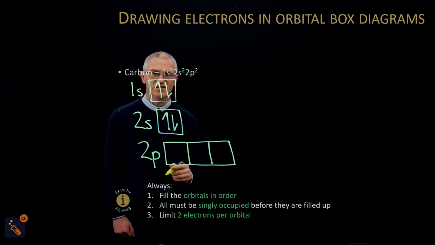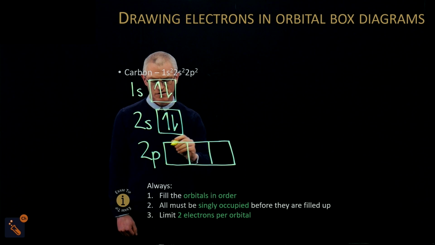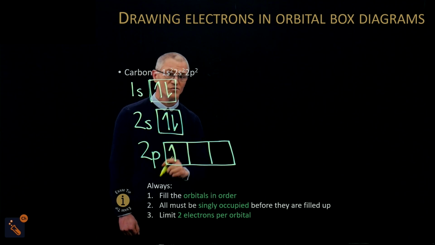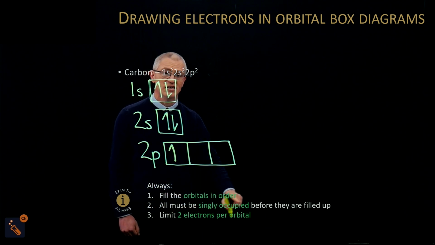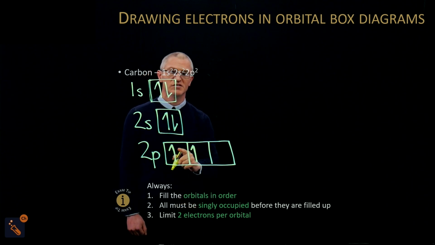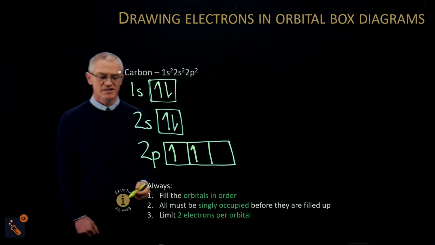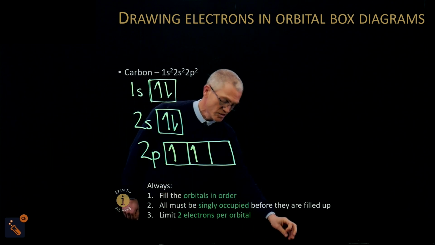Typically we normally draw them joined up if they're in the same subshell. And then we have 2 electrons to place. So we just do 1. Remember our rule, fill it in order, which we have done, and then singly occupied first. So 1, 2. Don't put them in the same orbital. Okay, and that is how you draw an orbital diagram for carbon.